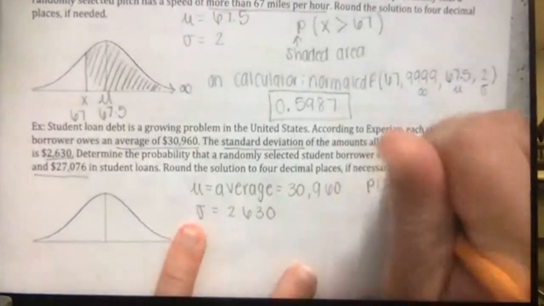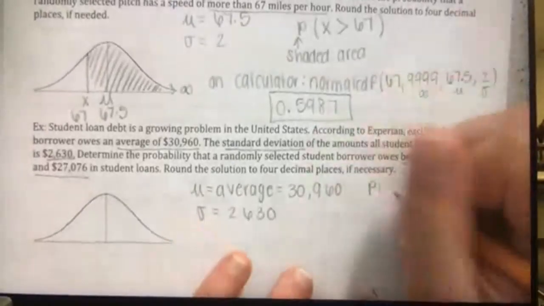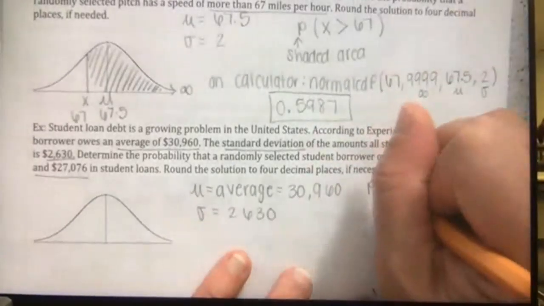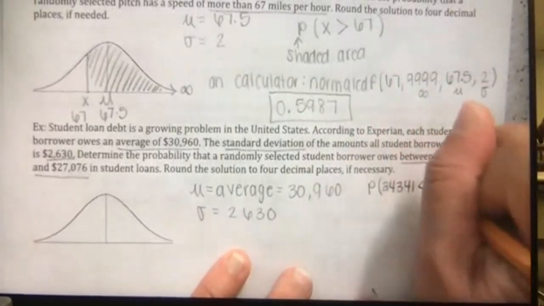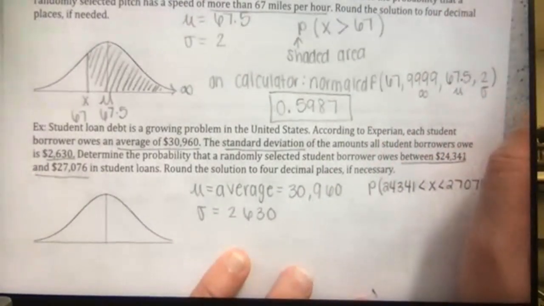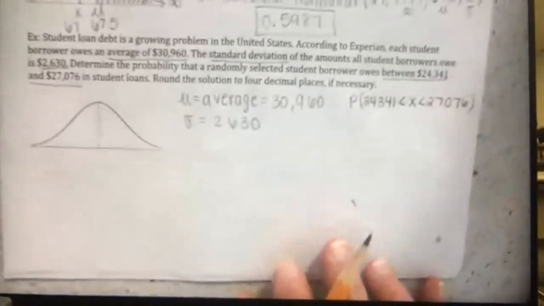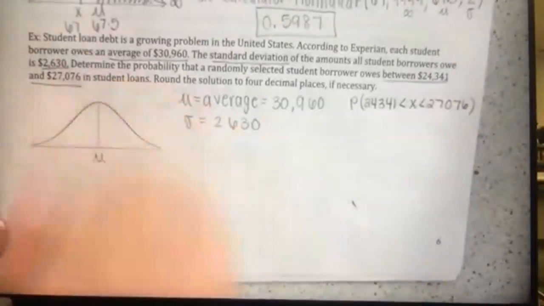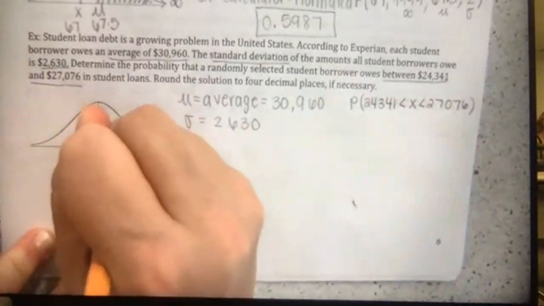I wrote that kind of small. Let me rewrite it so we can see it better. All right, so drawing this on our graph, in the middle is our mean, which we know is 30,960.